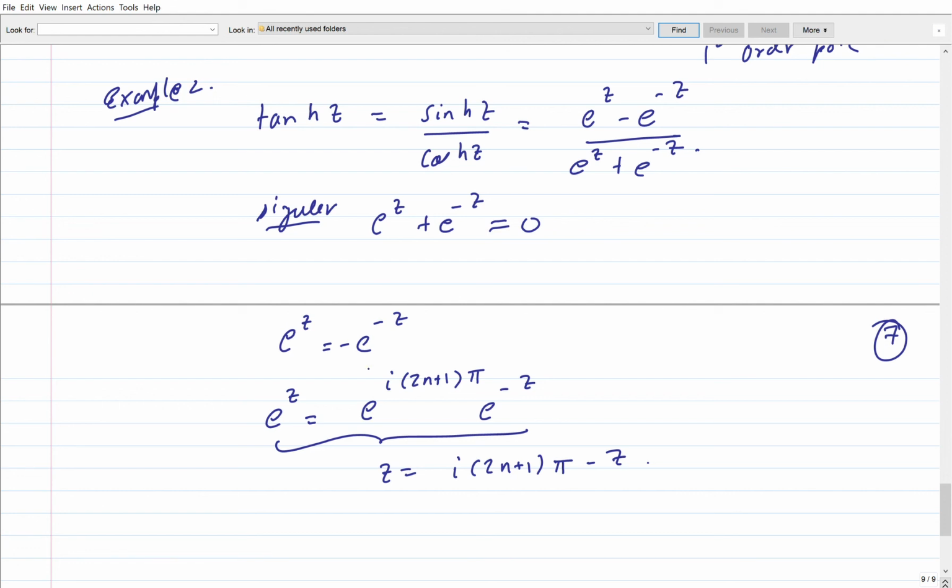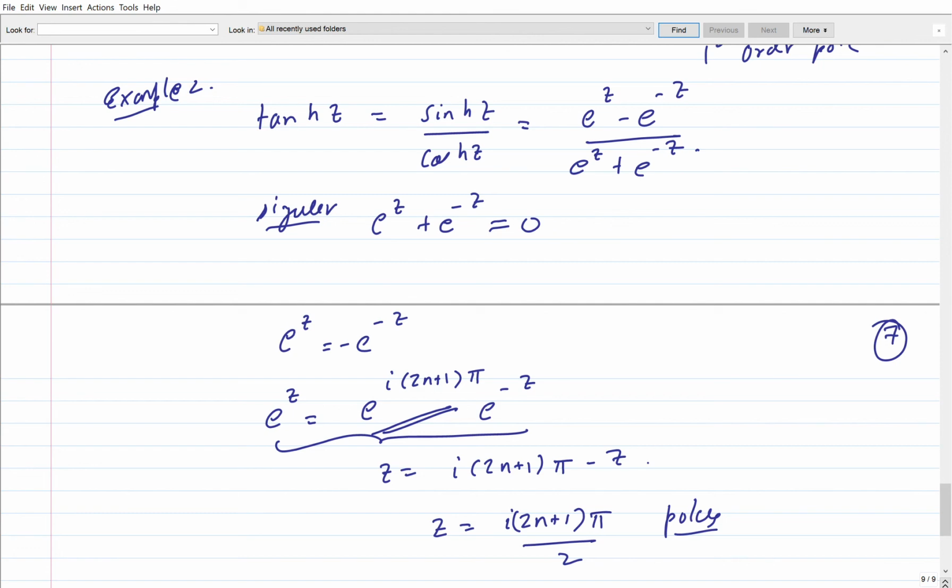I'm just equating the powers now, which gives me z equals iota (2n plus 1) pi by 2. So these are where my poles are.